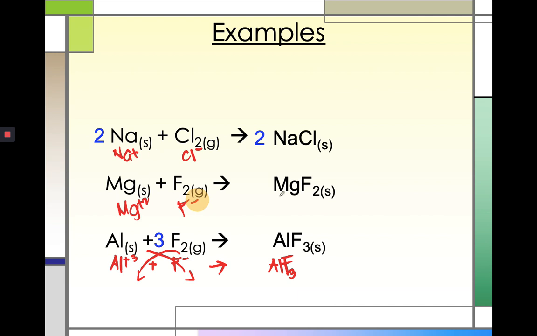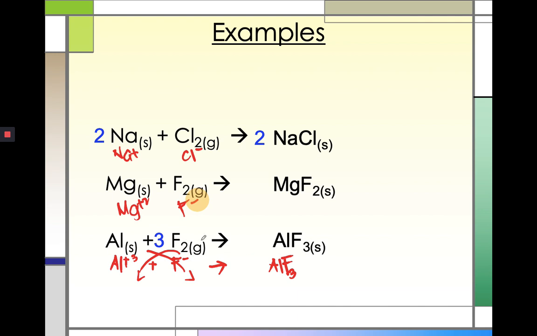Alright, the same thing with the other equation. So in here, the equation between magnesium and fluorine gas is already balanced because they have the same number of Mg atoms, the same number of F atoms. In the third example, we have AlF2. So in order to make them equal, we have to place the coefficient 3, okay, which is our greatest common factor, so that we can get six fluorine atoms.